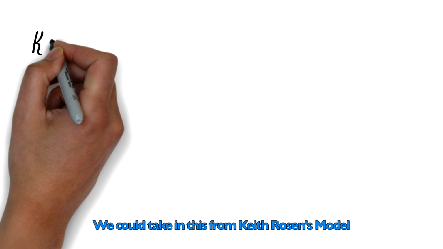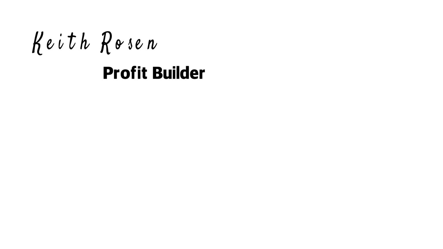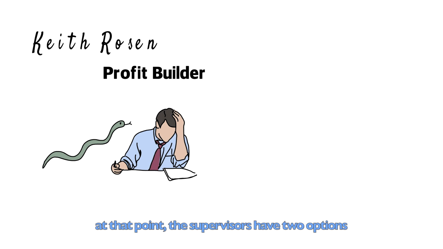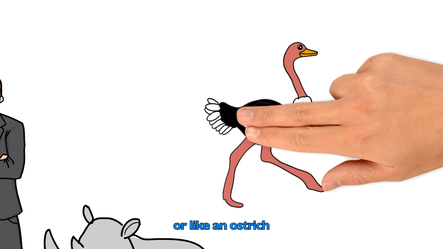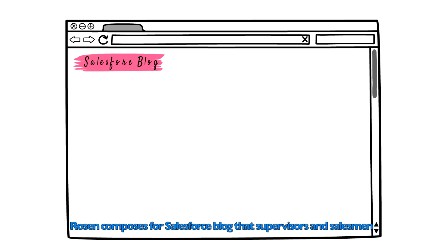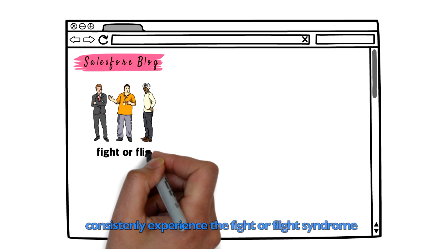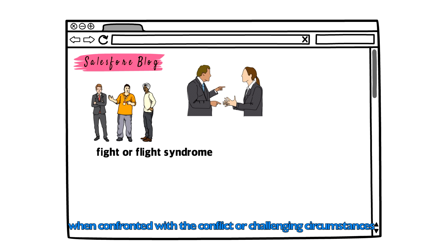We could take it from Keith Bronson's model, the CEO of Profit Builders. If an office snake threatens to tear down the morale, then supervisors have two options. Face a conflict like a rhinoceros or like an ostrich. Bronson writes for the Salesforce blog that the supervisor and the salesman constantly experience fight-or-flight syndrome when confronted with a conflict or challenging circumstances.